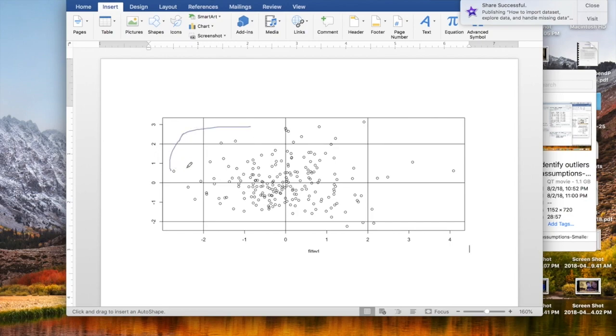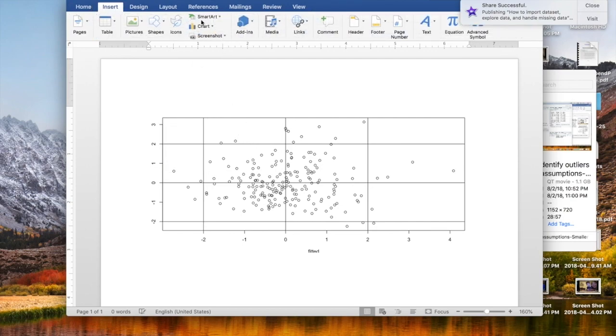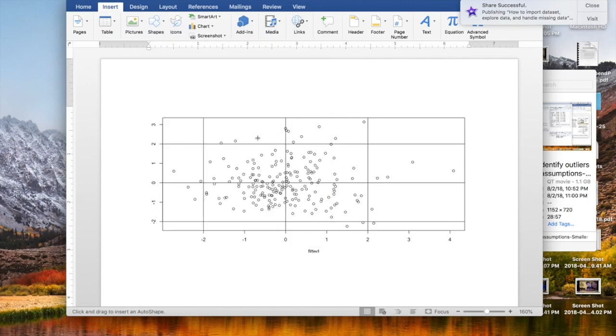You're always going to have people out here that are just outliers, but let's focus on most of them, especially this area here.